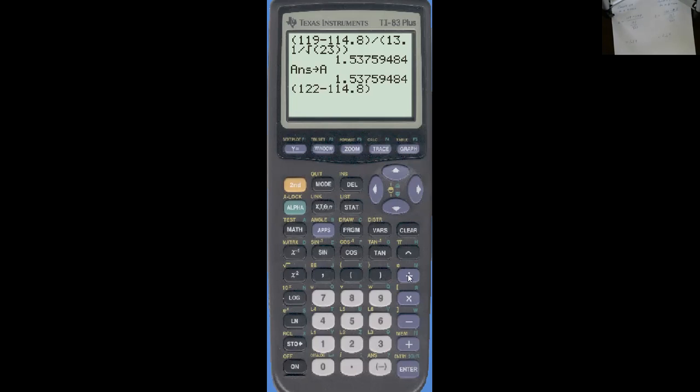Close off my numerator, divided by another begin parenthesis for my denominator, 13.1 divided by the square root of 23. Once again, I close off my square root and close off my denominator. I'm going to store that for B.